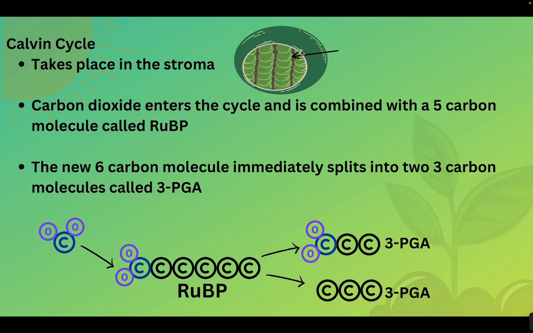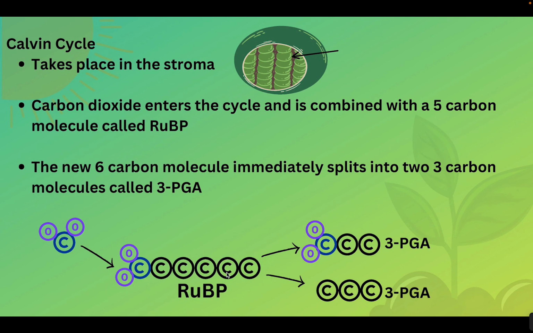So carbon dioxide is going to enter into what we call the Calvin cycle. And so we're going to break down the cycle step by step, and then I'll show you the whole cycle on one slide. So the first step is carbon dioxide is going to enter the cycle and combine with a 5-carbon molecule called RuBP. And you can see this here. I've made the carbon dioxide blue, the blue carbon with 2 purple oxygens, and it's going to attach to the 5-carbon RuBP.